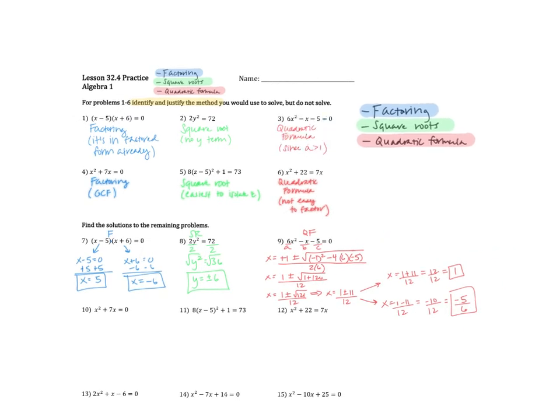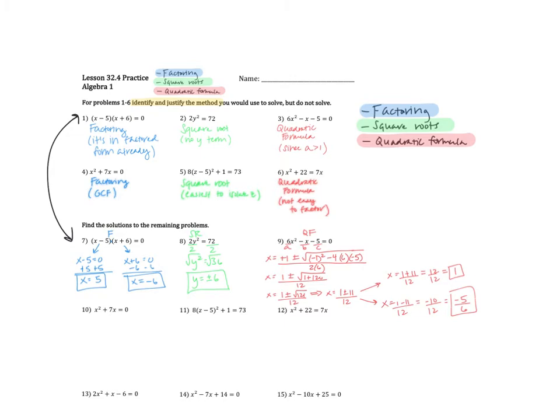Hey, numbers 7, 8, and 9, weren't they the first 3 problems we did? Actually, they are, right? So we practiced identifying the best method to use. Obviously, it's not always going to be in this order. They can mix up the order of the problems down there, but we were able to analyze it and practice it and see what we could do.